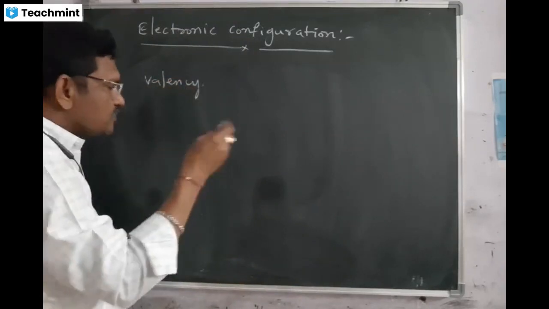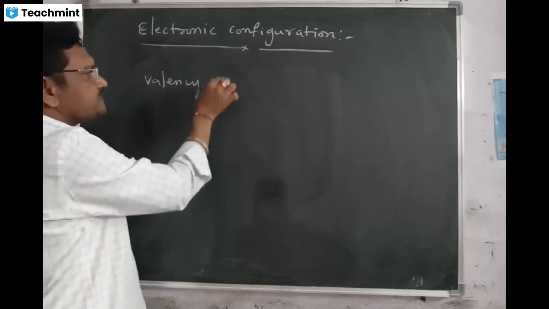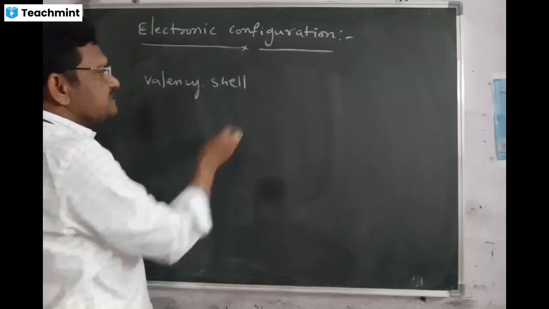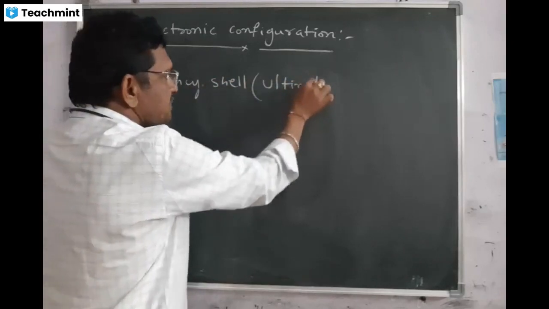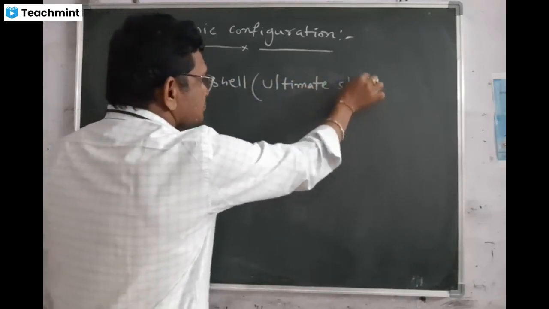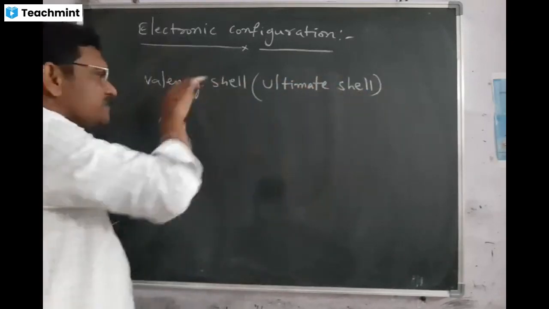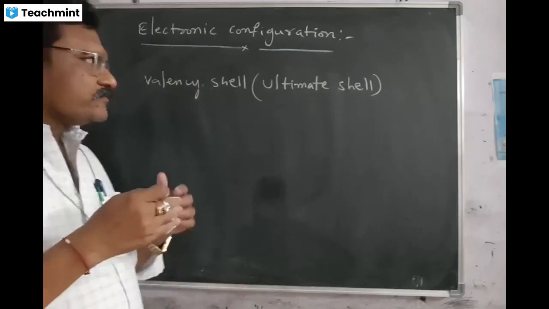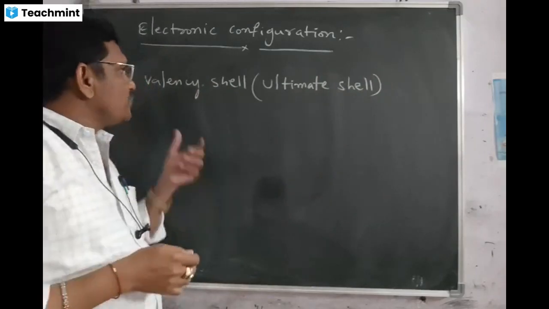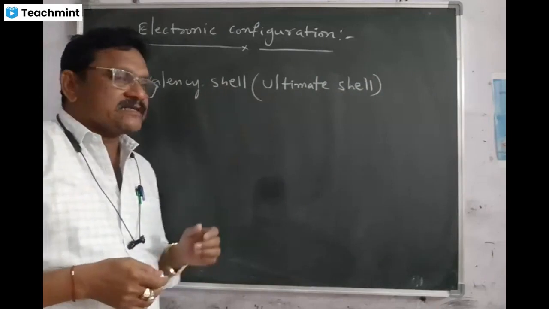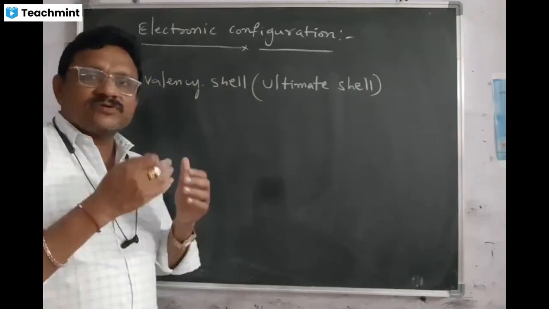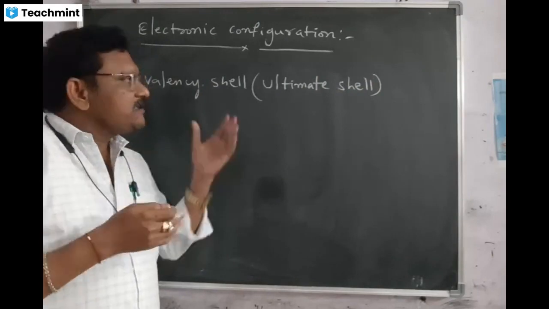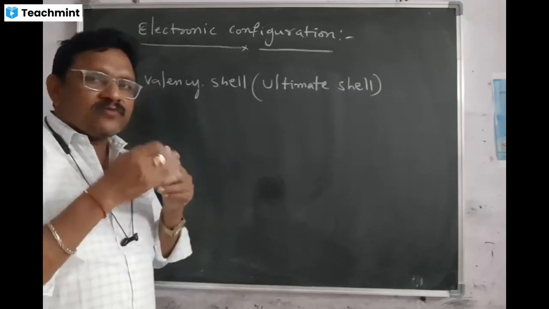Valence cell is also called ultimate cell. And after valence cell, we are going to learn what is penultimate cell and also anti-penultimate cell. I will explain each and every term one by one.